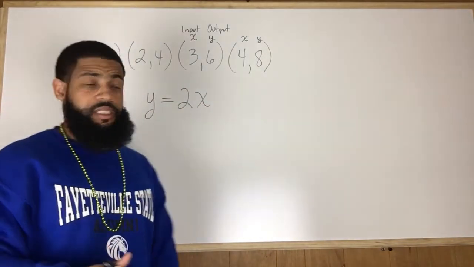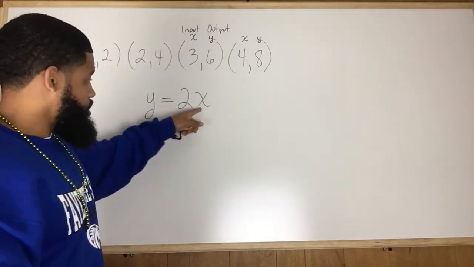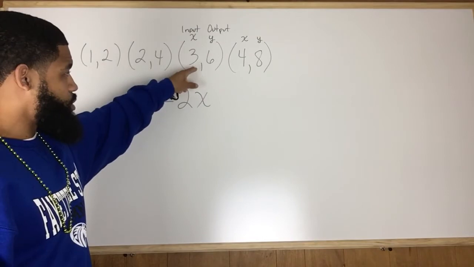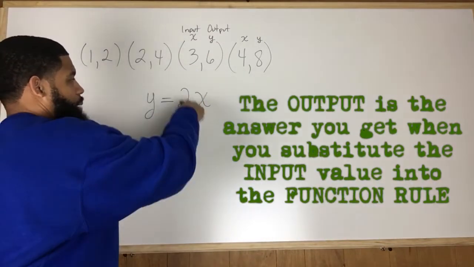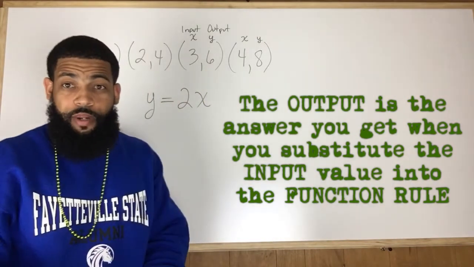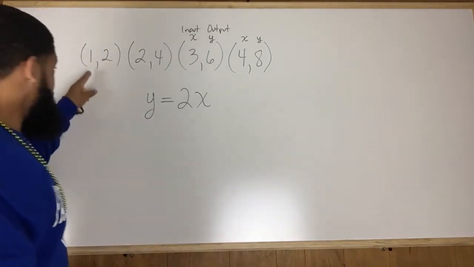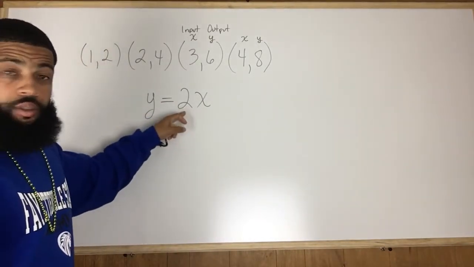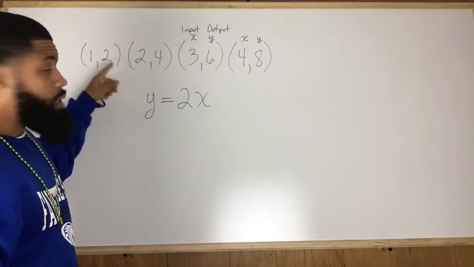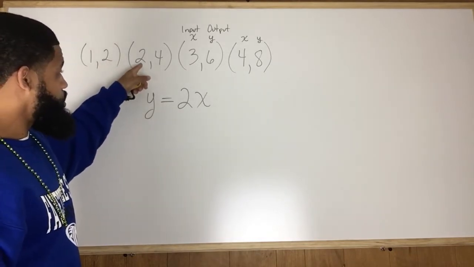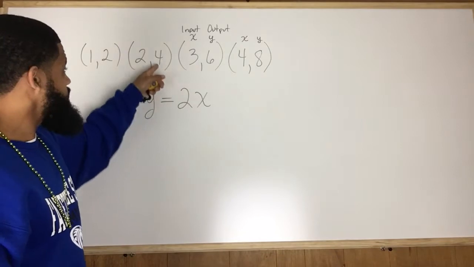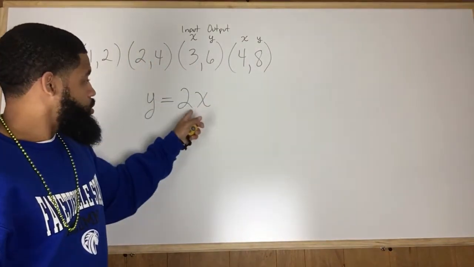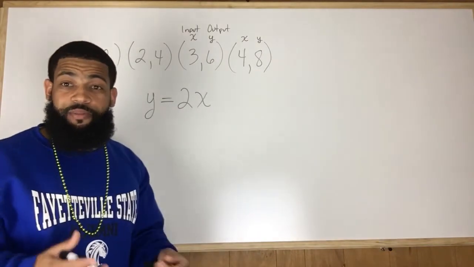What this means is my input value x, for example, 3, if I multiply it by 2, I'll get the corresponding y value. For the x value 1, 1 times 2 gives me 2. If x is my input 2, 2 times 2 gives me 4. Same thing here. If x is 4, 2 times 4 gives me 8 as my output.